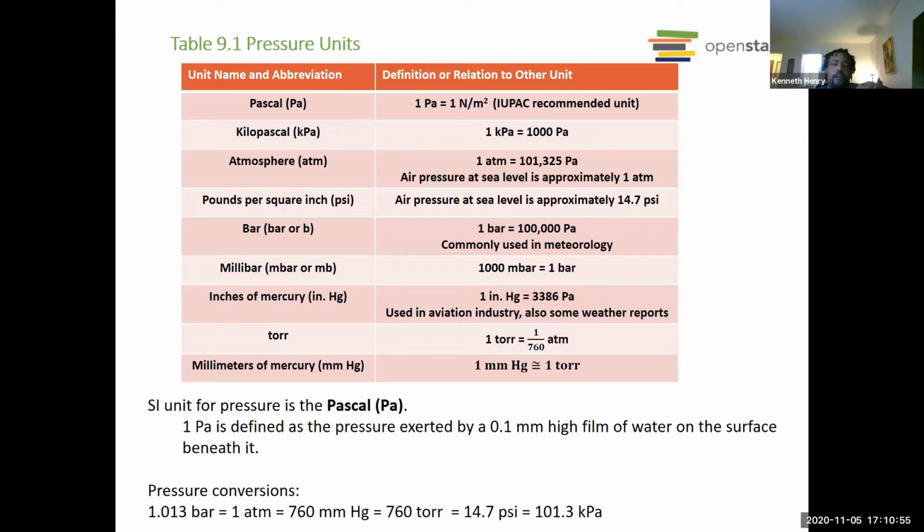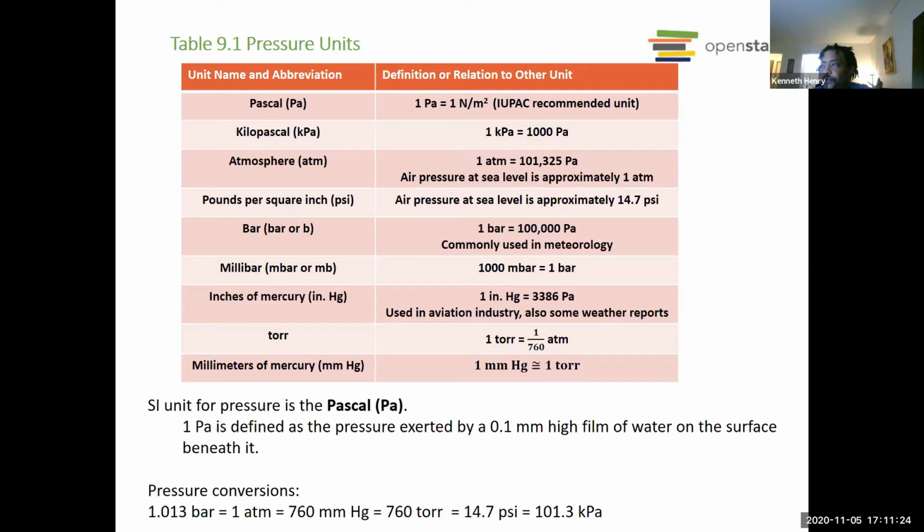So when we do calculations in most places where we're at, it's pretty much at sea level, so it's about 1 atmosphere of pressure. 1 atmosphere is equal to 101,325 pascals. And then, of course, the PSI. 1 atmosphere is equal to 14.7 PSI.